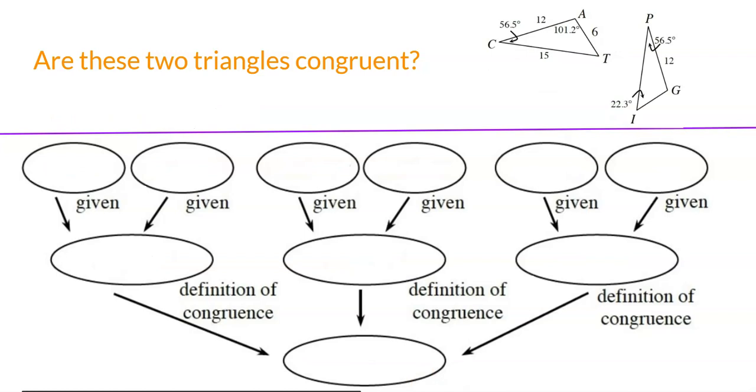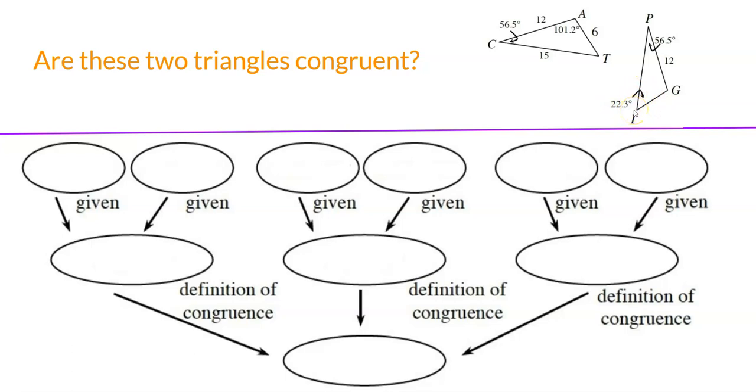Let's try another one. Again, look at the two triangles and identify all the parts that you need. I see I have a 56.5 right here, a 12 right here, and also a 12 right here. I have a 101.2, and I do not have a 101.2 on this side, but I do have a 22.3 on this side.